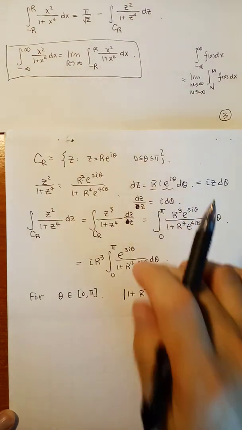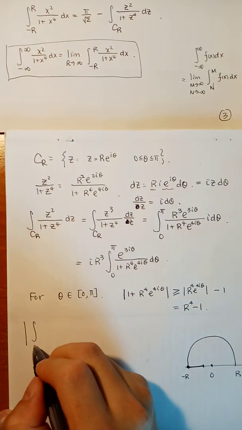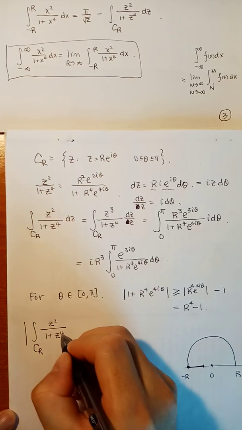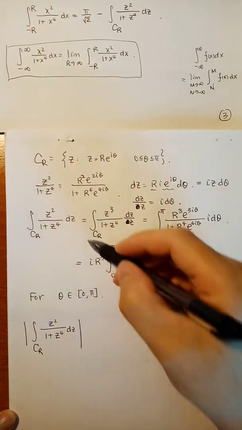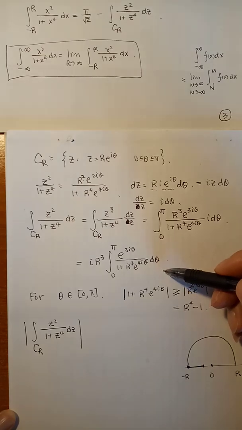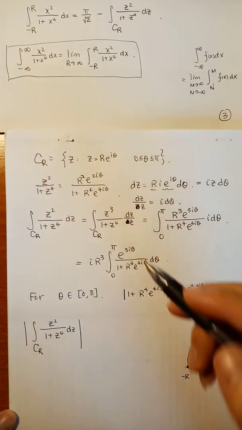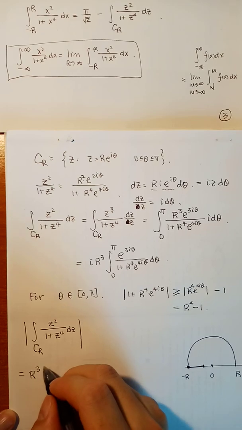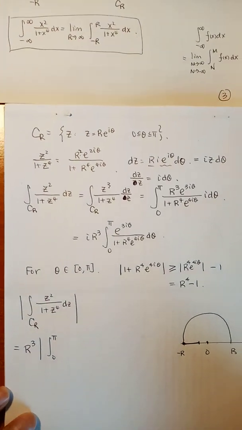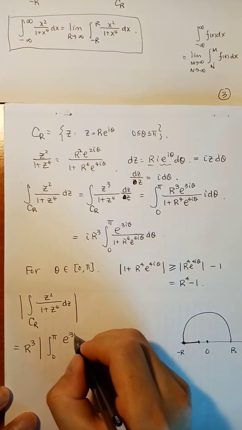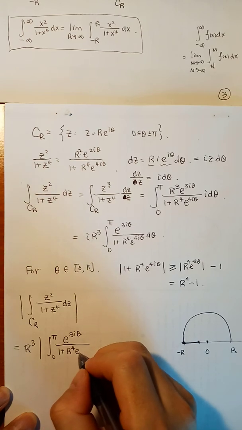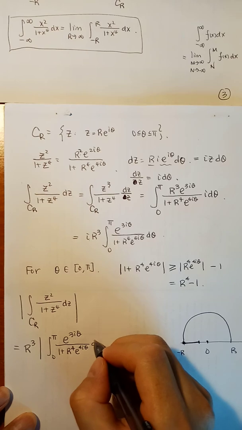We estimate this quantity, the absolute value of the integral over C_R of z squared over 1 plus z to the 4 dz. You put absolute value inside, and i has absolute value 1, so you have R cubed times the absolute value of the integral from 0 to pi of e^{3i theta} over 1 plus R to the 4 e^{4i theta} d theta.